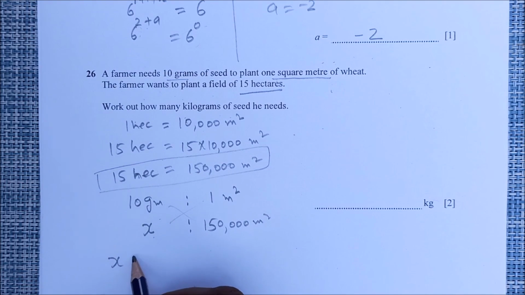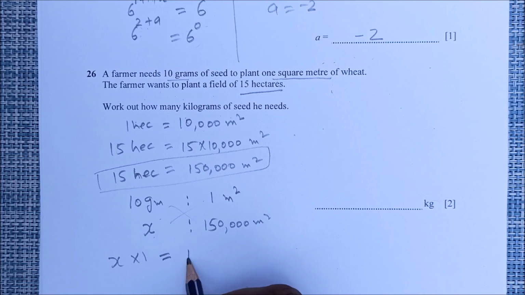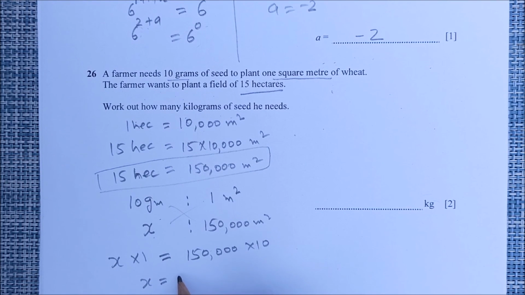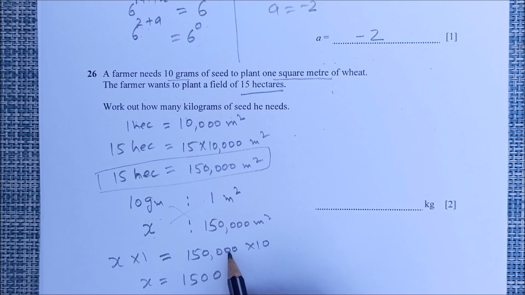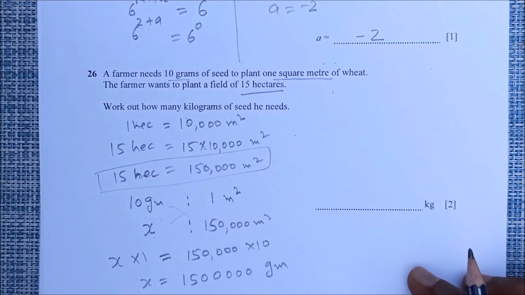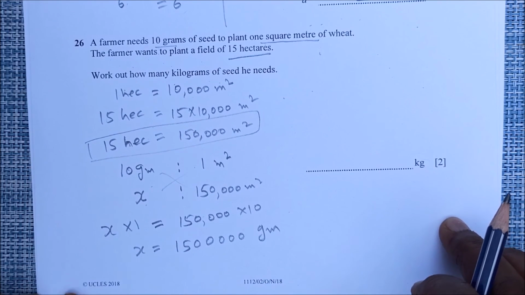This will be x times 1 equals 150,000 times 10. So x times 1 is x. We have 5 zeros. This answer is in grams, but we need our answer in kilograms.